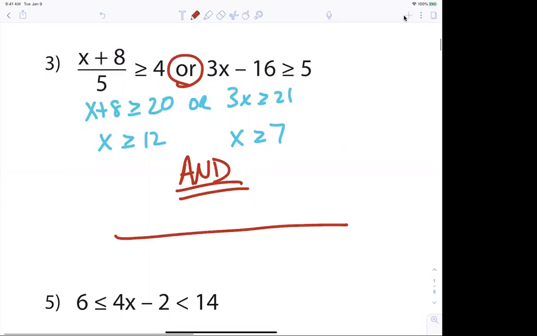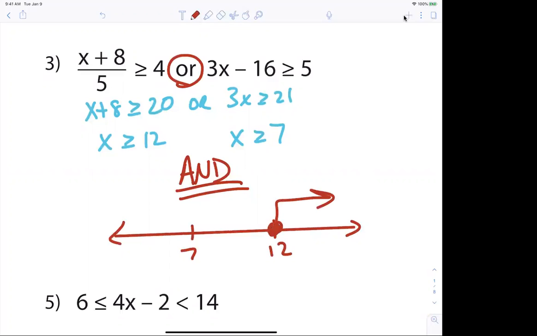So again, just to show you how easy it is, on the number line, here's 7, here's 12. Here is greater than or equal to 12, and here is greater than or equal to 7. Are these numbers here greater than 7 or greater than 12? Yes, because it only has to be true for one of them.